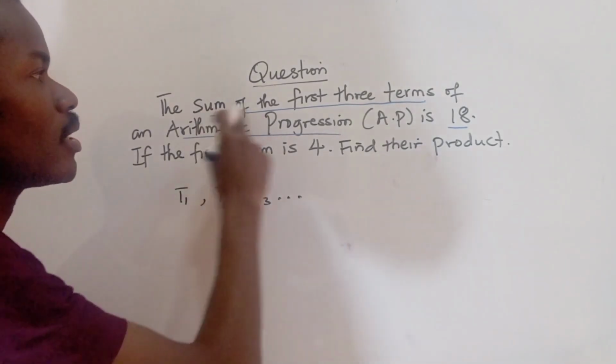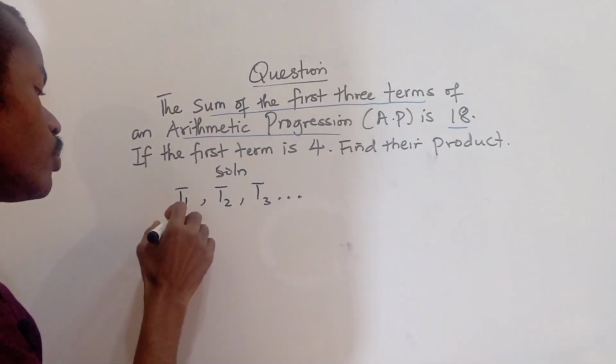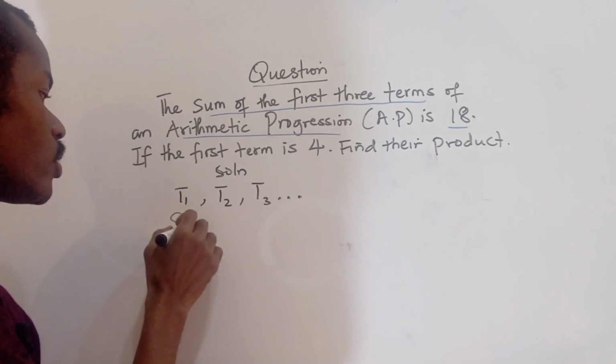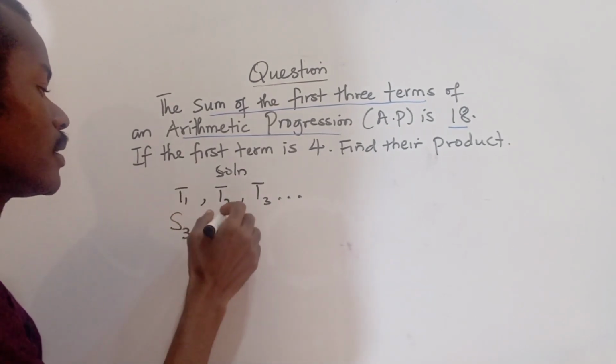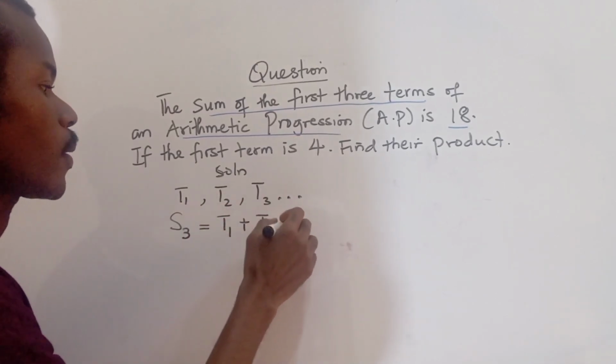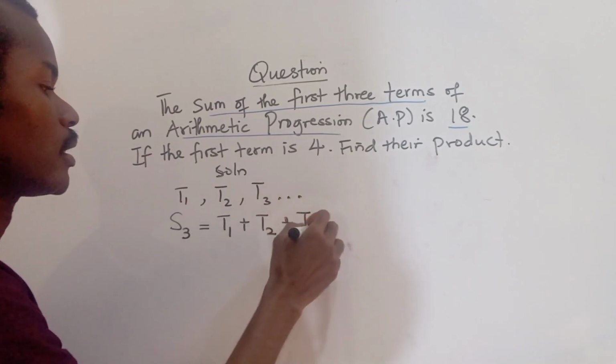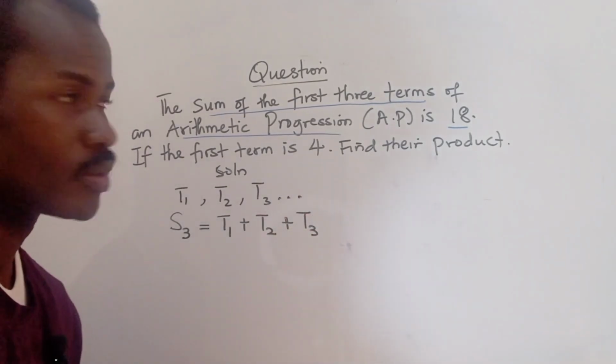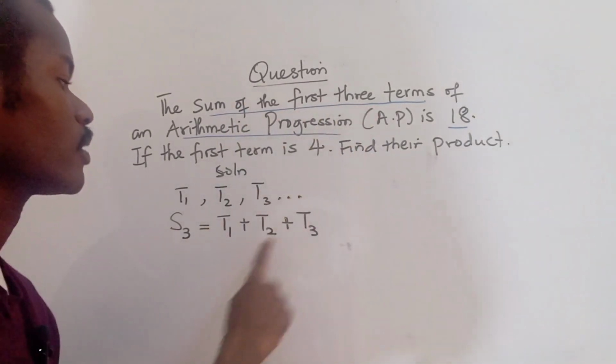The question says the sum of the first three terms. So most times we use S3. So S3 means T1 plus T2 plus T3.